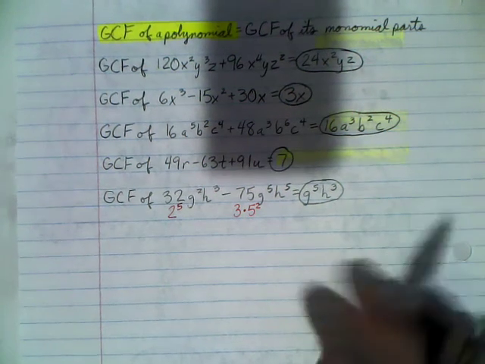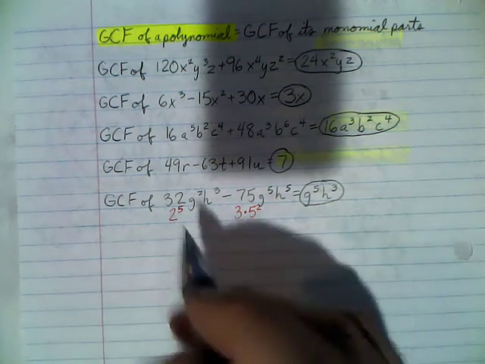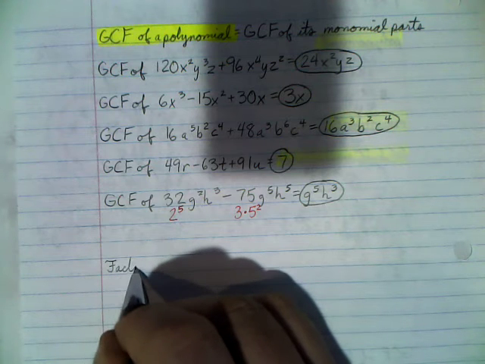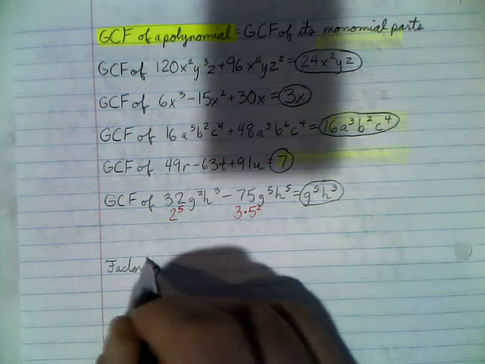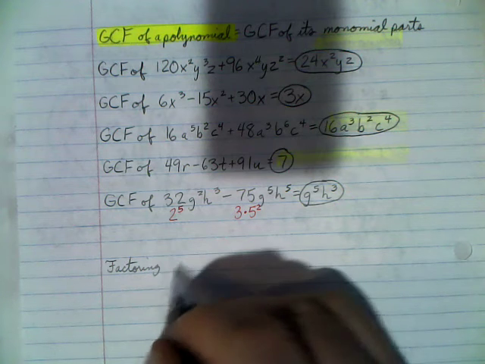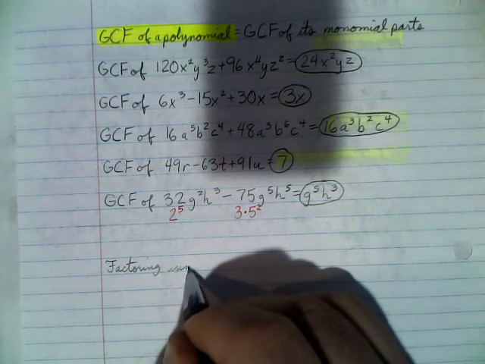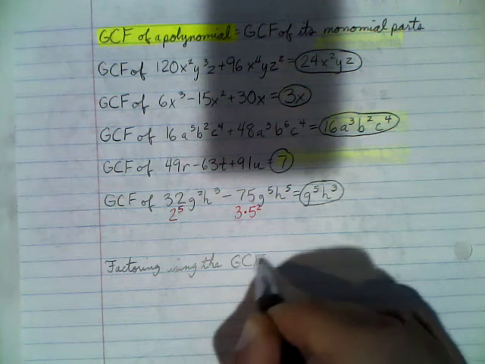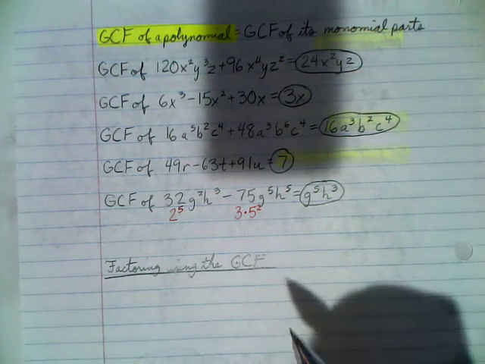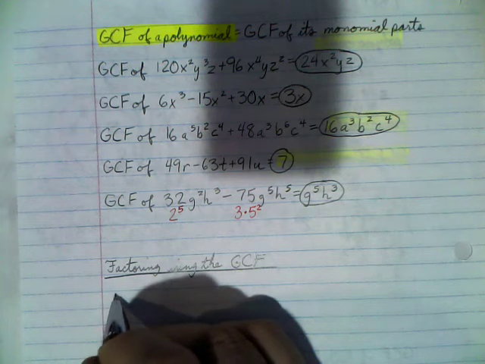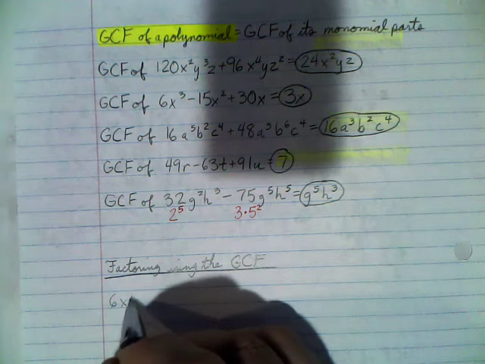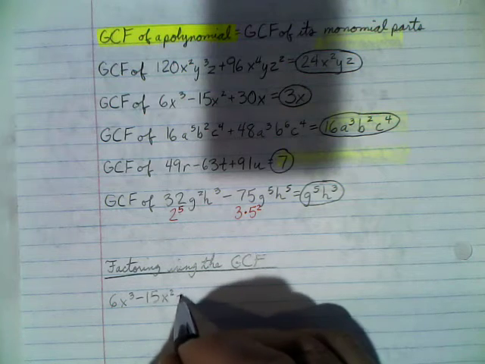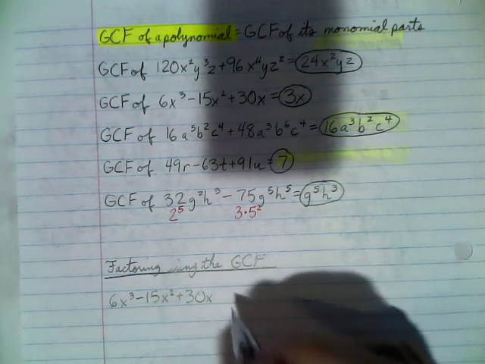So ladies and gentlemen, we're now going to use this to help us factor. So let's go back to our 6x cubed minus 15x squared plus 30x.